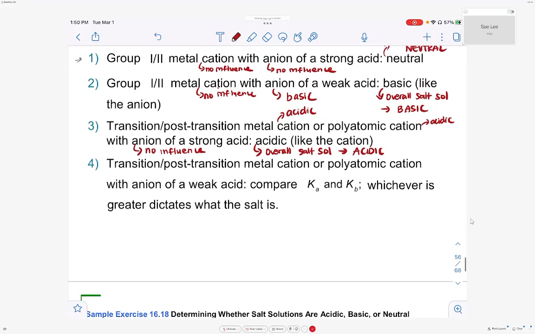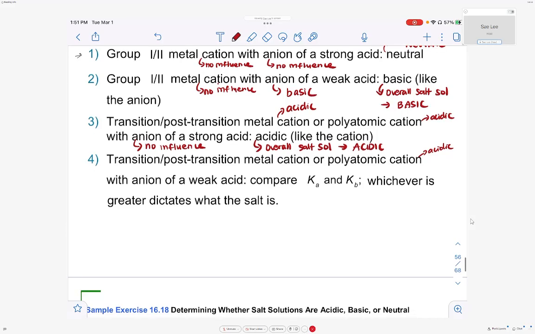The fourth situation, you have a transition or post-transition metal cation or polyatomic cation, and you have an anion of a weak acid. Again, transition and post-transition metal cations and polyatomic cations definitely have influence on pH. We know that they have acidic influence, right?